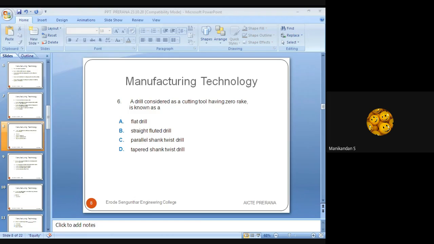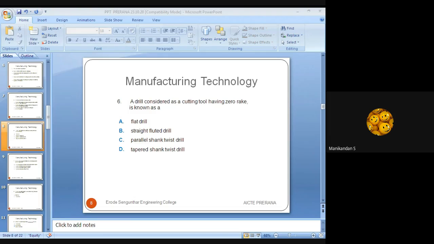Why? Because a straight fluted drill prevents the drill from drawing itself into the material while cutting. That's why a drill considered as a cutting tool having zero rake angle is called a straight fluted drill.